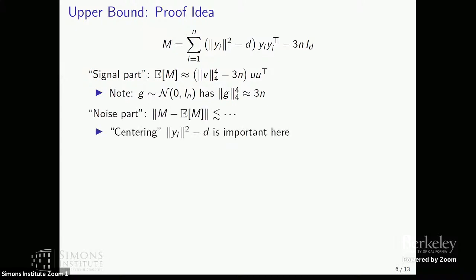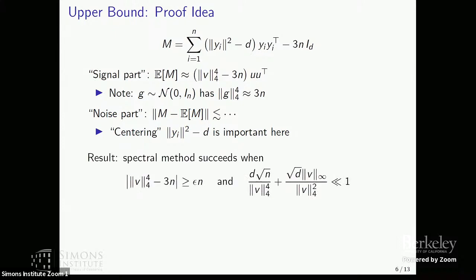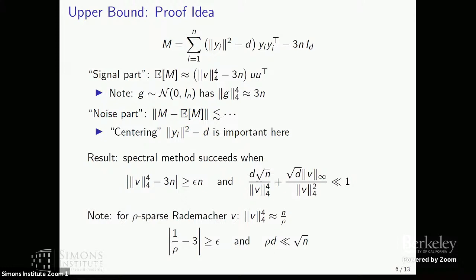Then all kinds of technical work is hidden here, but the rest is to bound the spectral norm of the remaining part and say that it's not too big. In the end, you get some condition that looks a bit complicated, but depends on the 4 norm of the vector and so on. For example, in this sparse Rademacher case, these are the conditions for the algorithm to succeed.